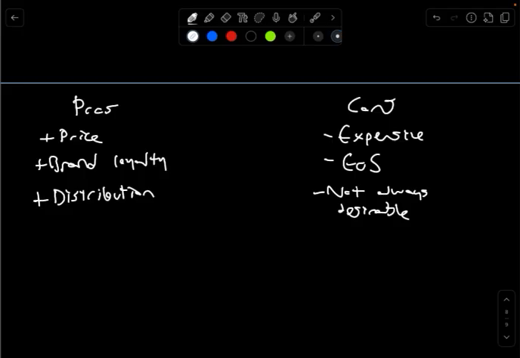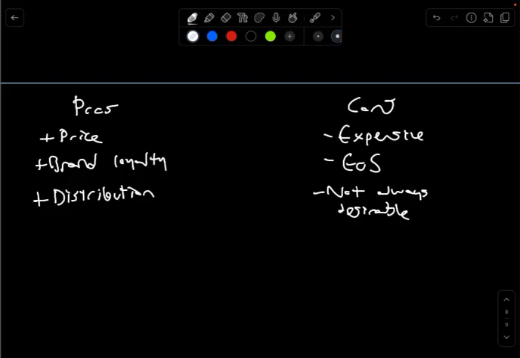And then we said brand loyalty as well. The brand loyalty can be a source of competitive advantage. When people know your brand for a particular thing, they are attracted, and obviously a loyal customer base occurs.